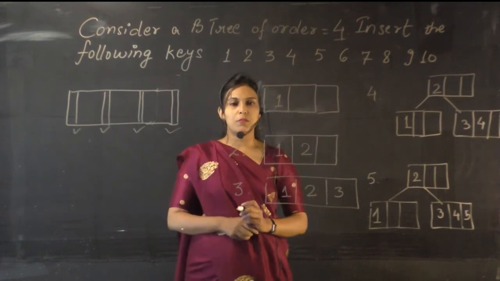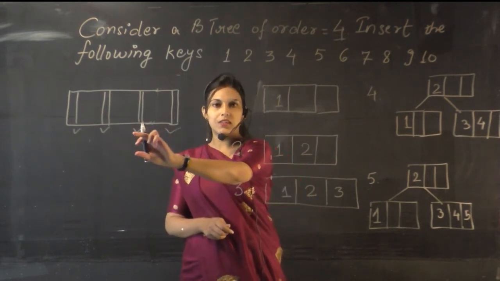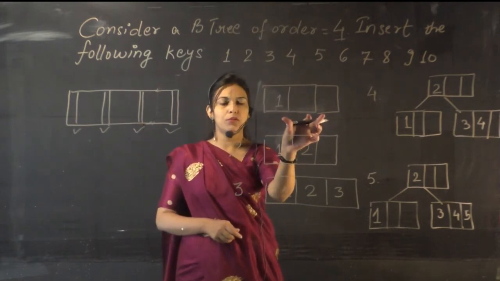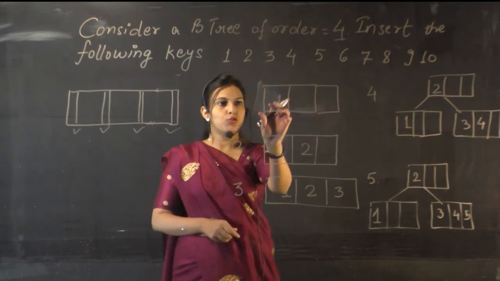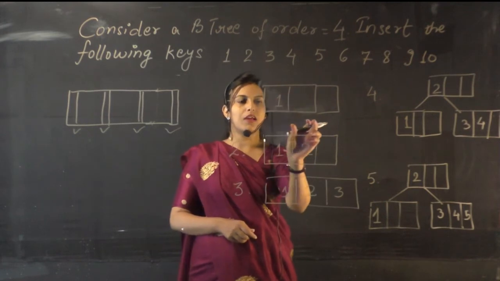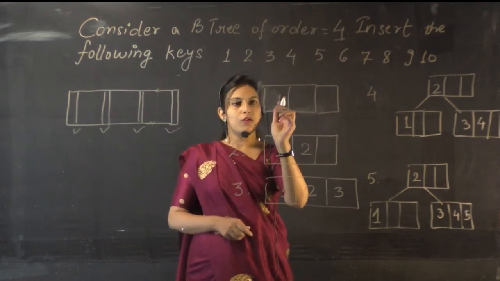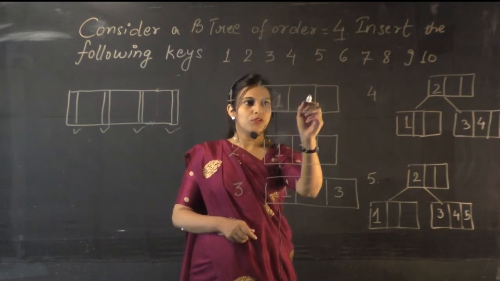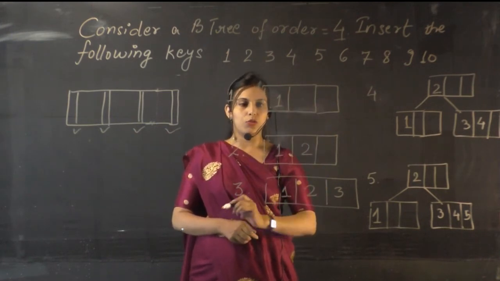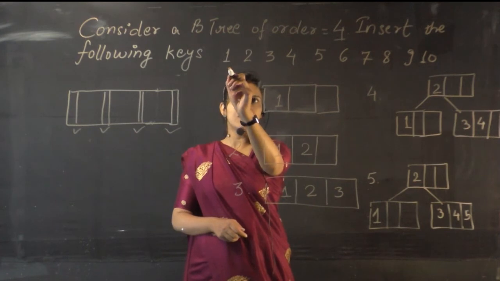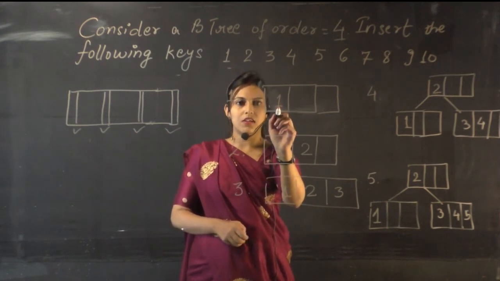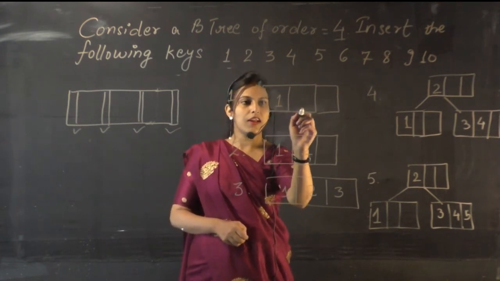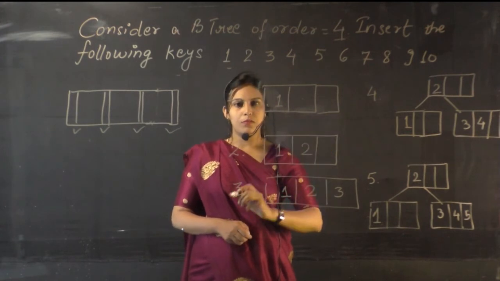For the sake of simplicity, I am not taking this node format, but I am using a simplified version. So you can represent a node in this manner also. The possible keys at each node is 3, so I have drawn 3 blocks in this node. One element inserted, so 1 will be inserted at the first place and 2 spaces will be left.